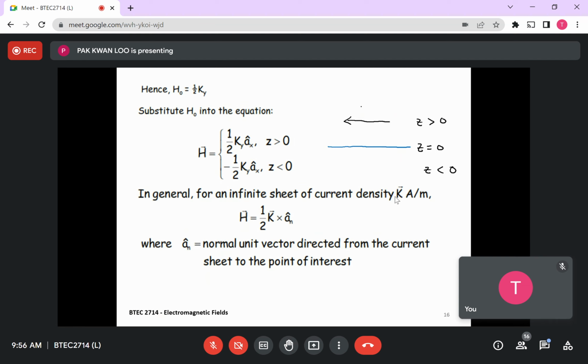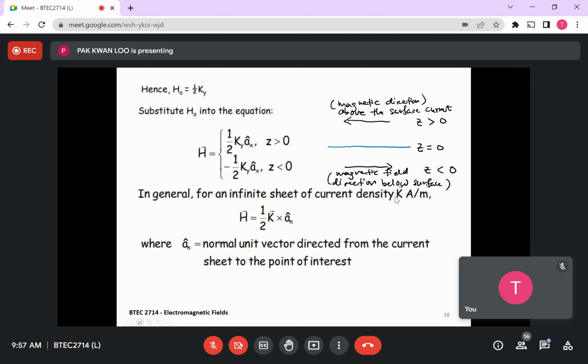This is the magnetic field direction above the surface current, and here is the magnetic field direction below the surface current. So it is everywhere.